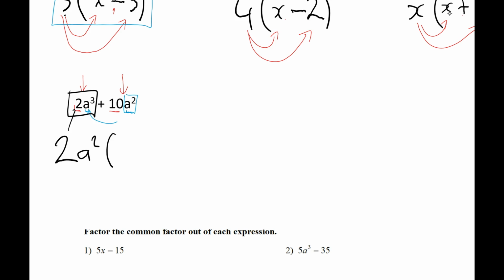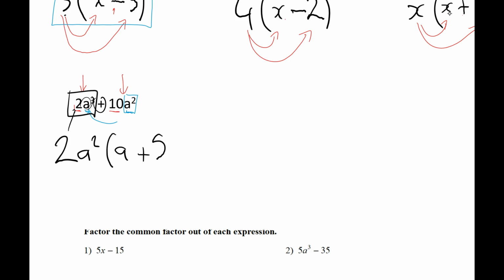The a squared, and I've got a cubed, so I need another a, so I'm going to have to put another a in there. Then we have our plus, and 2 times something to get the 10. That's going to be 5, because 2 times 5 is 10.